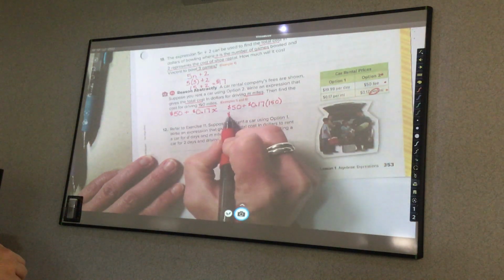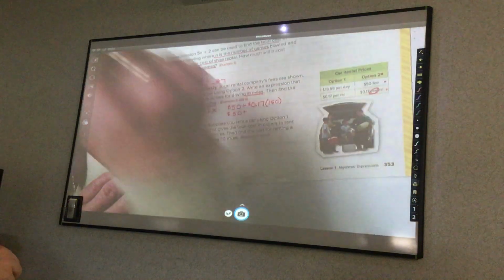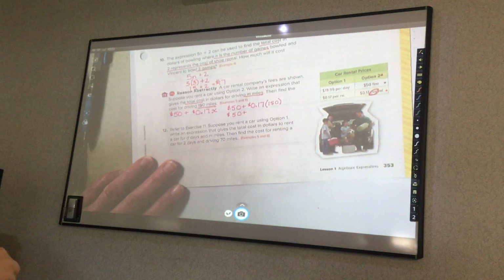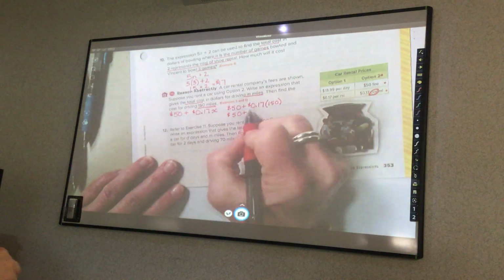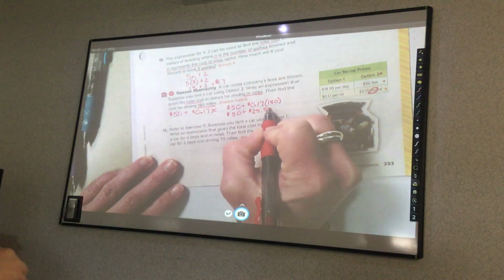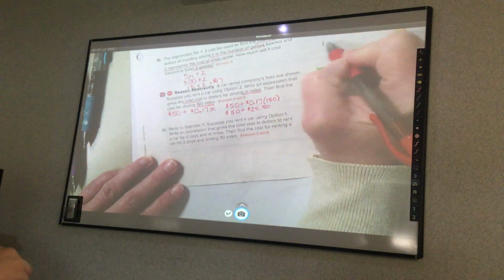So now I have 50 plus, I have to do 17 cents times 150, and you get $25.50.